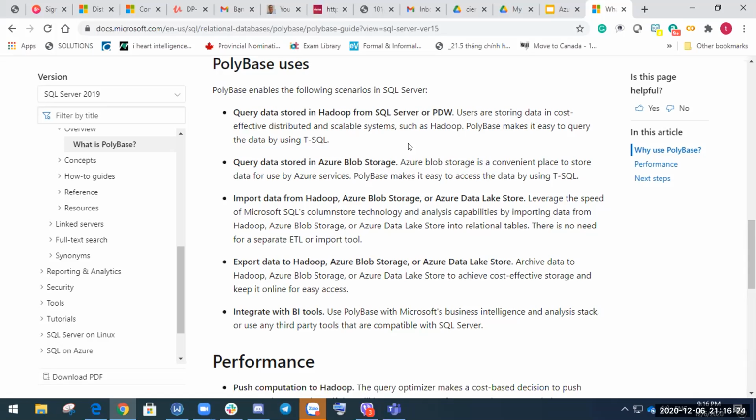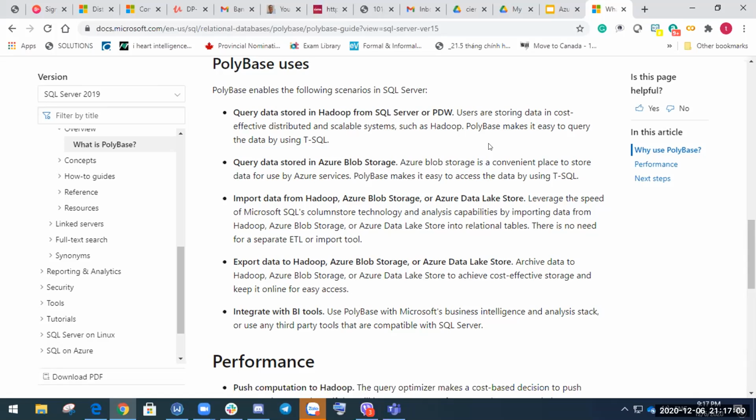Hadoop is used for big data, and Polybase makes it easy to query the data using T-SQL between Hadoop and the server. Also, we query data stored in Azure Blob Storage. Remember I mentioned before, Azure Blob Storage is the cheapest way to store data, and normally it's a flat file structure, not a hierarchical file structure like Hadoop HDFS.